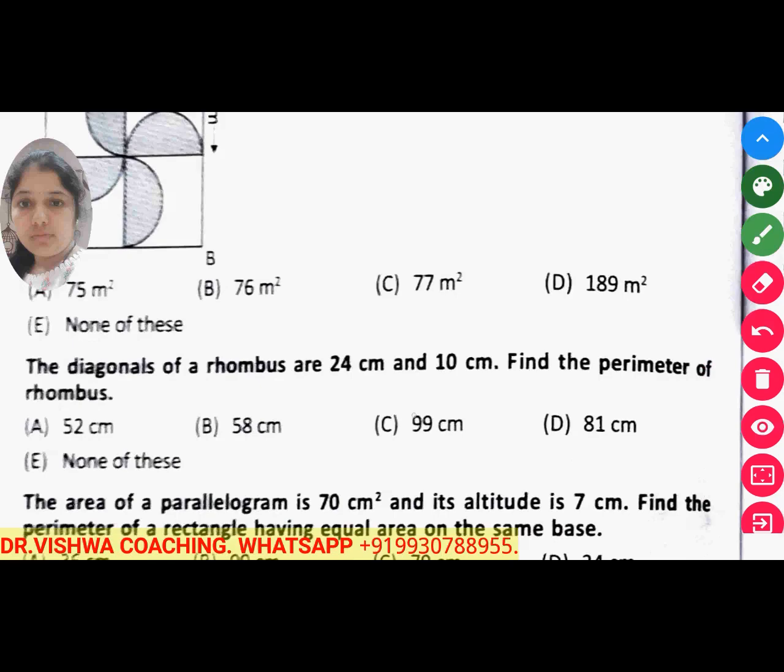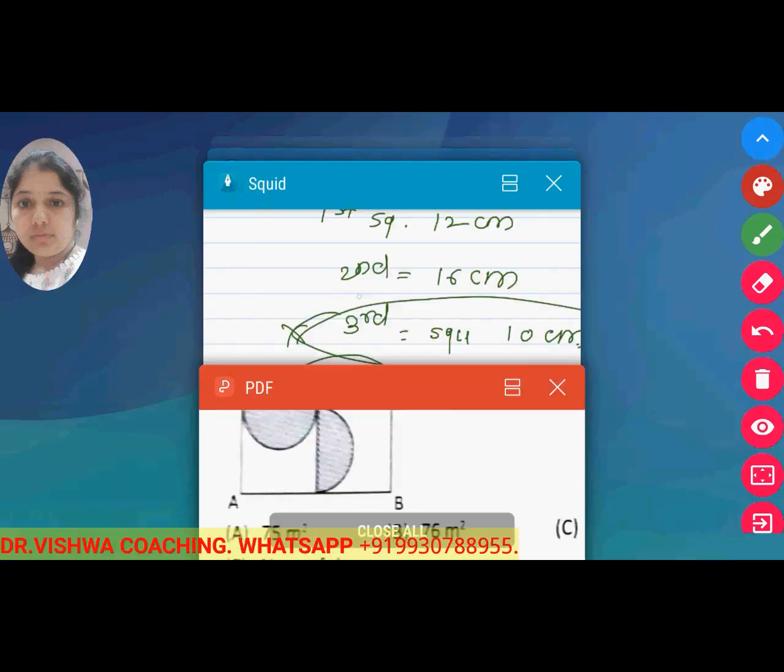Now the diagonals of the rhombus are 24 and 10 centimeter, and find the perimeter of the rhombus. Okay, for a rhombus, all sides are of equal length.